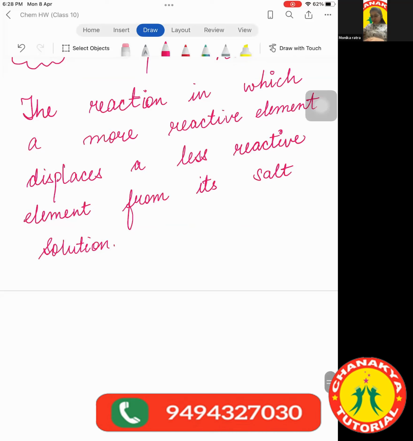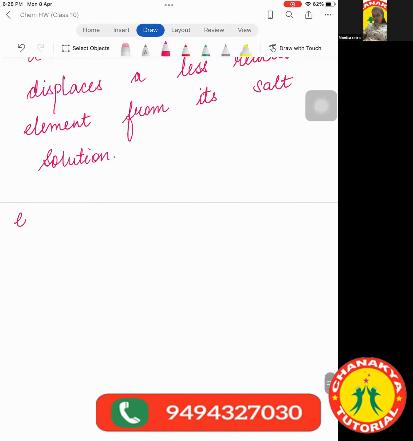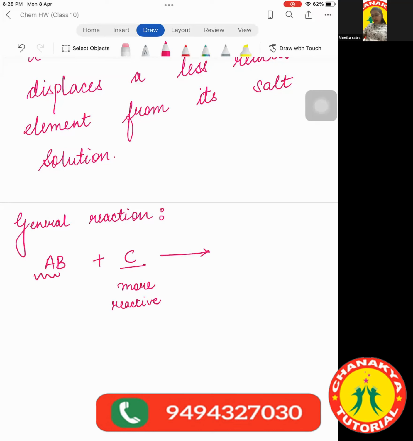So I will first write the general reaction, because the general reaction helps you to write the difference. So let us say this is a compound AB and this is the element C. If the element C is more reactive than the element A, then it will take the place of A, and the product which we are going to get is CB plus A.